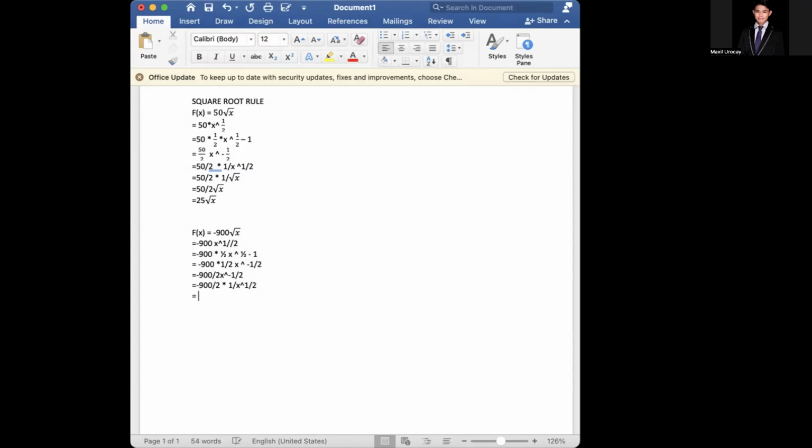Then it will become negative 900 over 2 times 1 over the square root of x. I'm sorry, I forgot something. Over 2, right? Here.